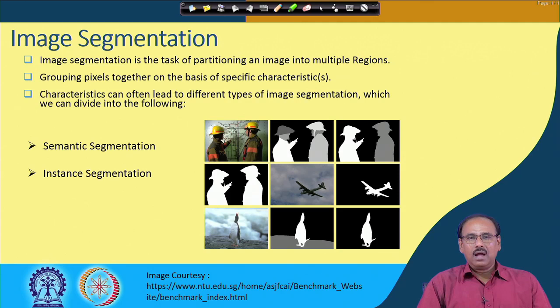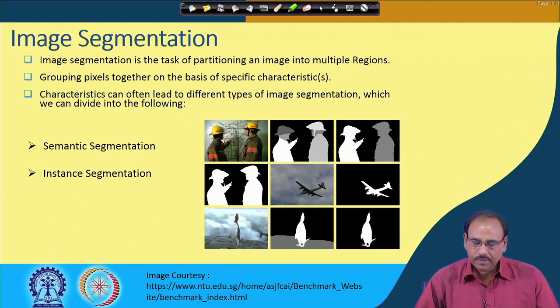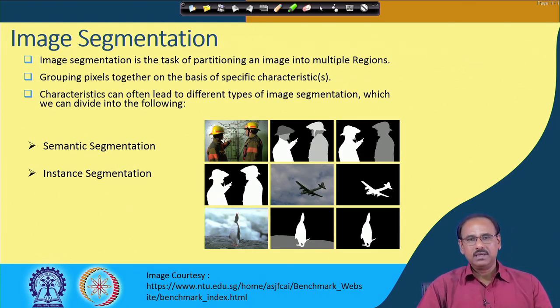So, as shown in these figures, in the top left corner image, you have 2 persons, and the next 2 images in the same row as well as the image below it identify the regions or the pixels that belong to those persons.